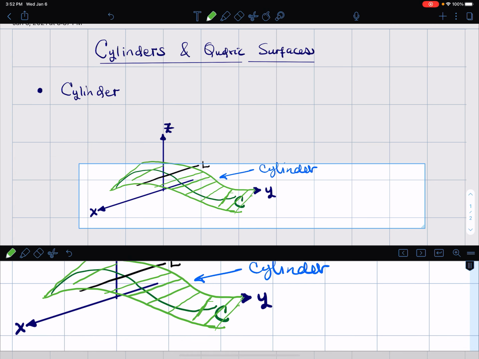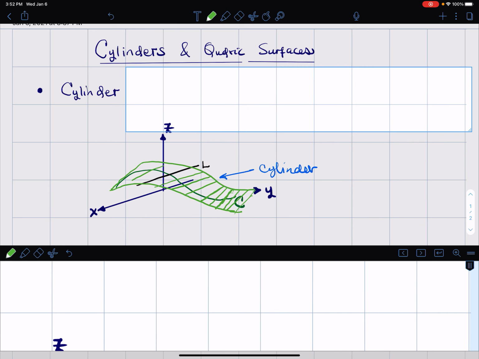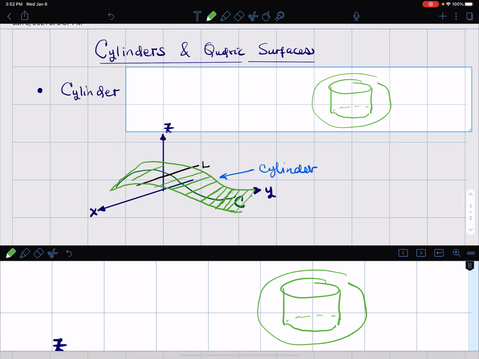When you think of the word cylinder in Calc 3, forget about the cylinder that you know. This is a cylinder you know from grade school, right? Once you hear the word cylinder, stop thinking of this cylinder. But at the same time, know that this is also a cylinder in Calc 3.